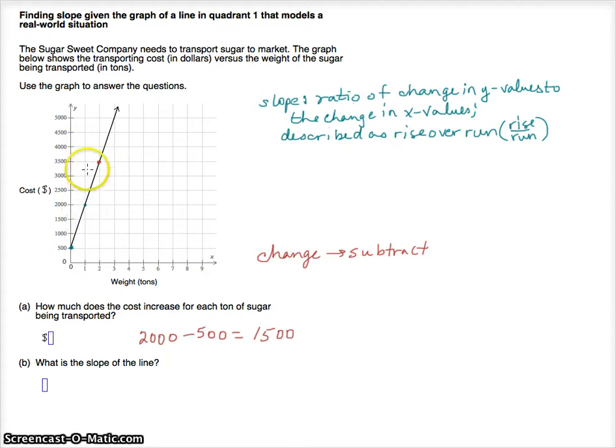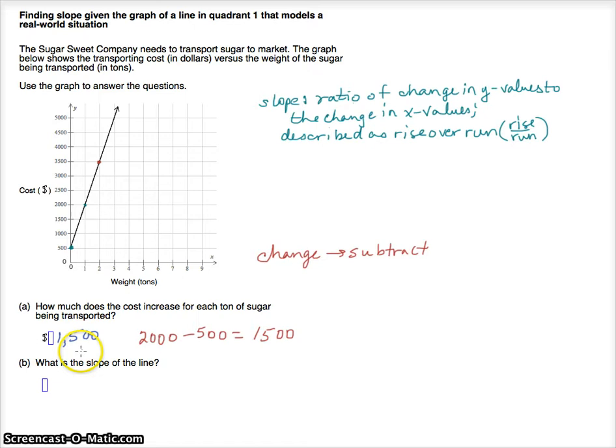So from 1 to 2, it goes up $1,500 more dollars. So our answer is going to be $1,500. And I got that by subtracting my starting amount from 1 ton of sugar. So I did 2,000 minus 500.